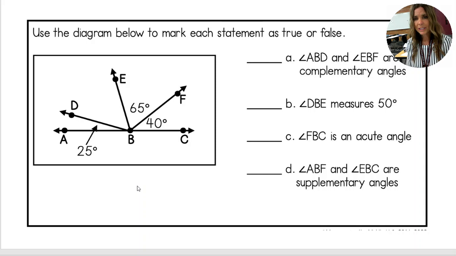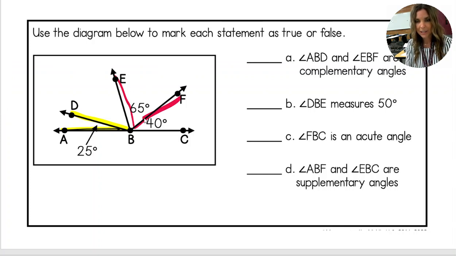Okay, let's do another one. It says, use the diagram below to mark each statement as true or false. Okay, first statement, ABD, okay, so that's this one right here. We know that it is 25, ABD. And EBF, so EBF, that's this one, EBF.